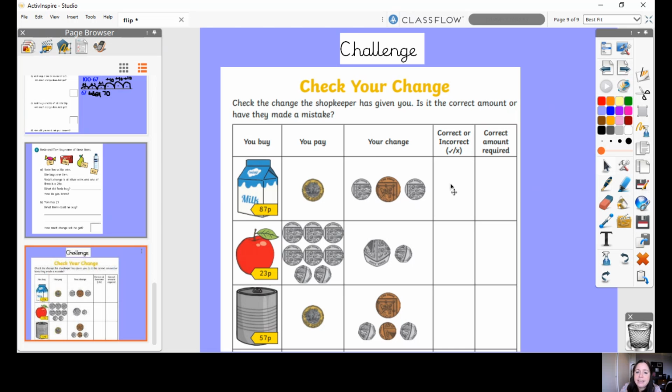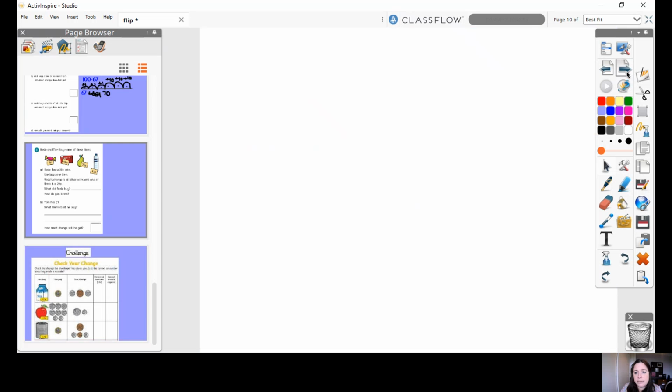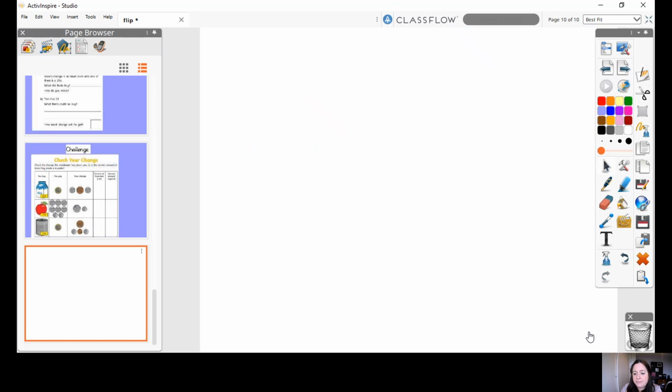And you've got to see if the shopkeeper has made a mistake. If they've made a mistake, you need to put a cross here, and you need to put the correct change that he should have given. If it's right, you can just tick it. So that's just an extra if you would like to do it, and I'll make sure that that is uploaded onto the website. So that is it for your maths for today.